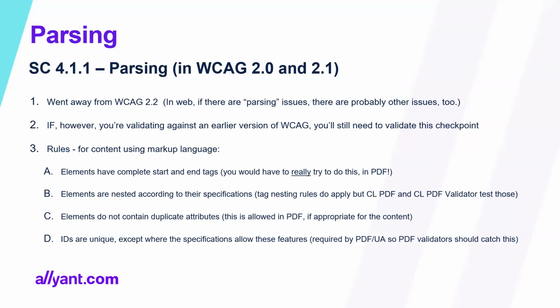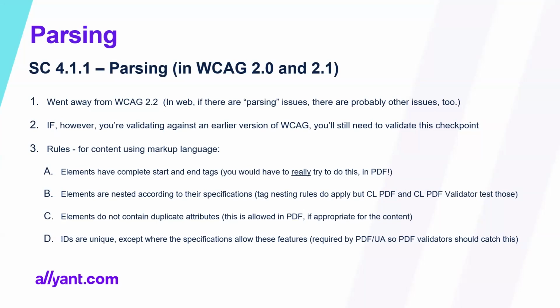The reason it was removed from WCAG 2.2, basically, is the rationale that if your web page or document fails for parsing, then it probably also fails for something else that's already a requirement in WCAG. So there's no reason to give people two failures for one issue, right? Flag the real issue, fix it there, and then you don't have to worry about parsing.